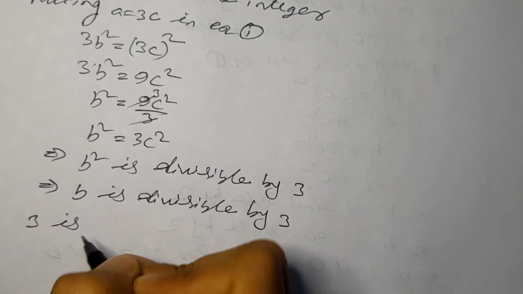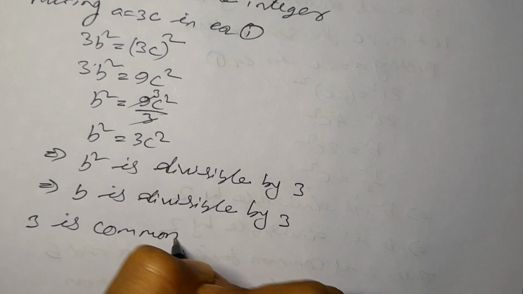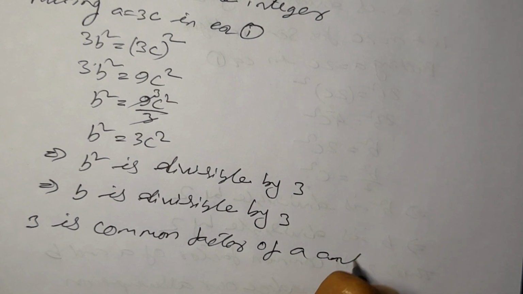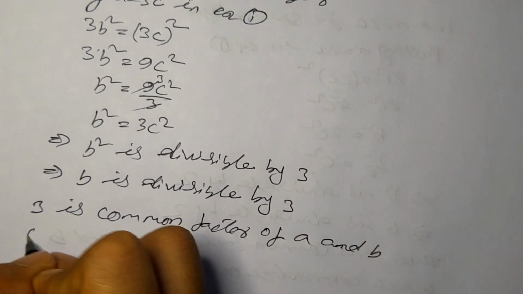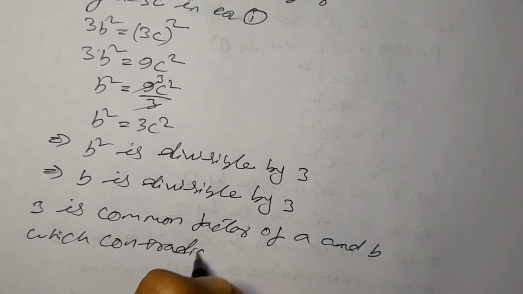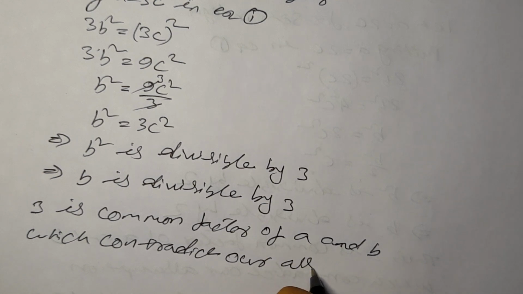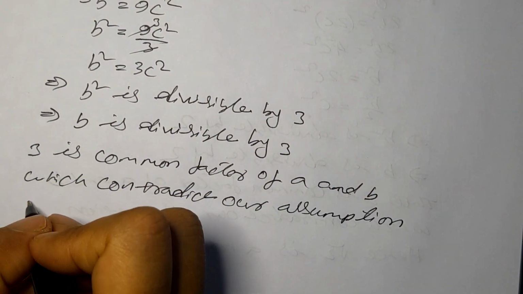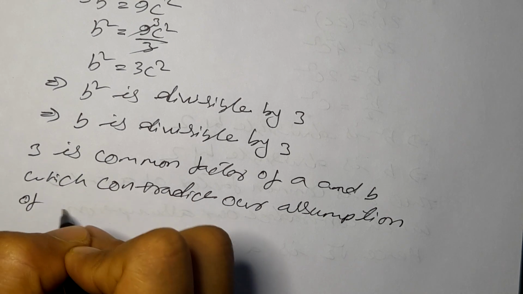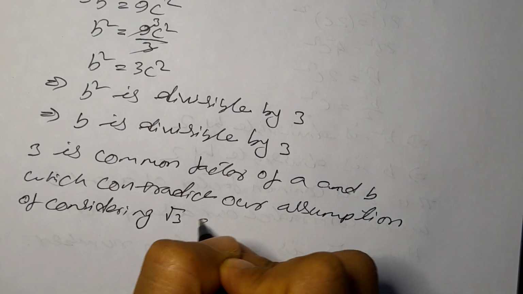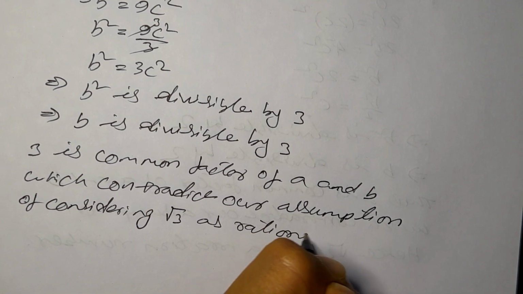3 is a common factor of A and B, which contradicts our assumption of considering root 3 as a rational number.